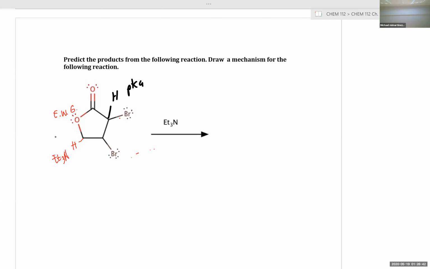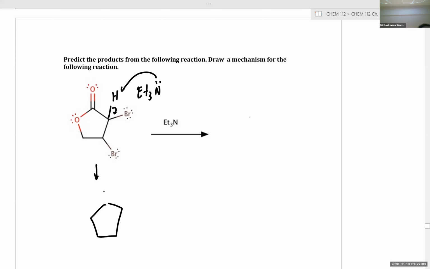Yep, exactly. So I'm seeing a lot of reasonable responses in the chat. So I'm just going to clear and we'll discuss this together. So if we compare the pKa's, this proton adjacent to our ester is the most acidic. So triethylamine, which is our base, is going to pull off a proton and we're going to generate a nice stabilized anion.